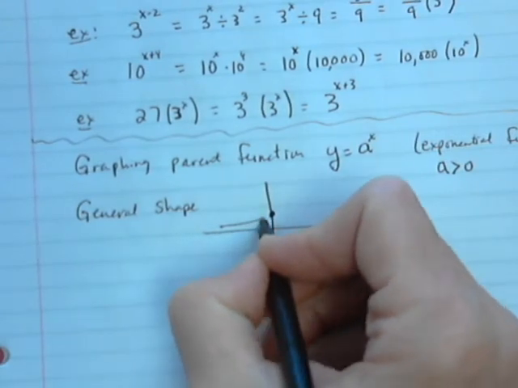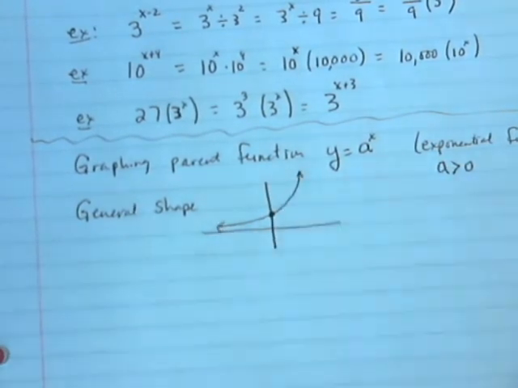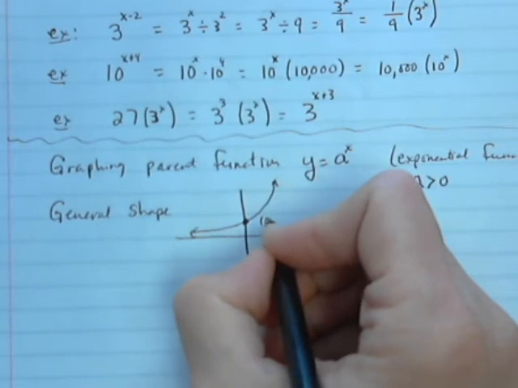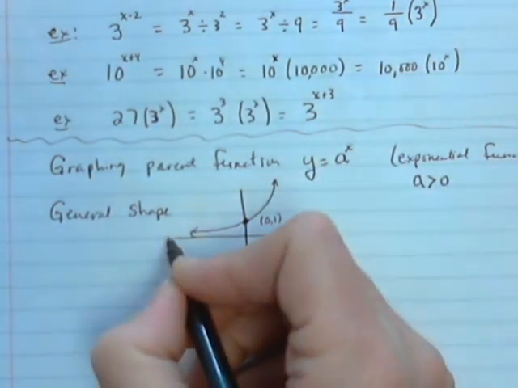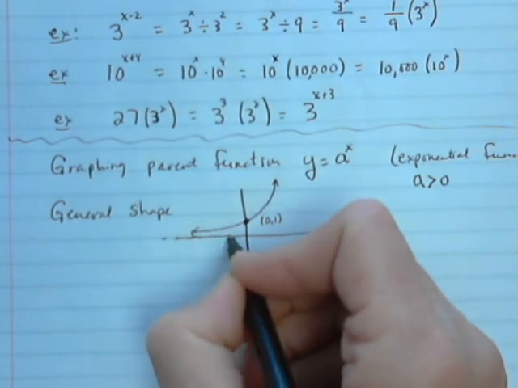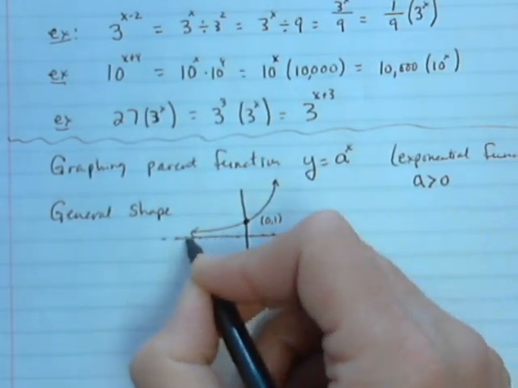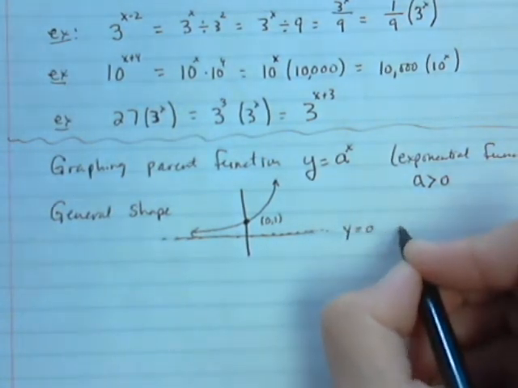So it's going to come down like this, and then it's going to increase very rapidly. So that's the general shape of just y equals a to the x power. You have an asymptote on this parent function, and an unshifted, unreflected graph has an asymptote of the x-axis, which is y equals 0.